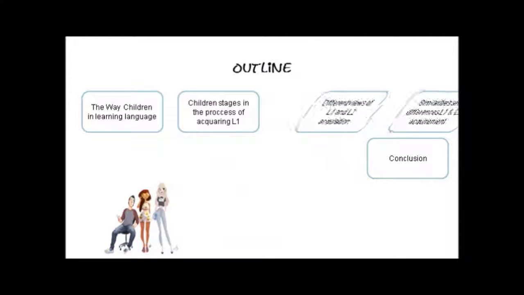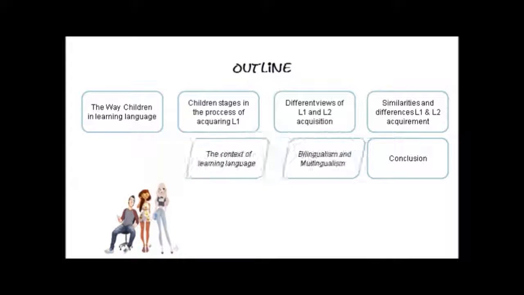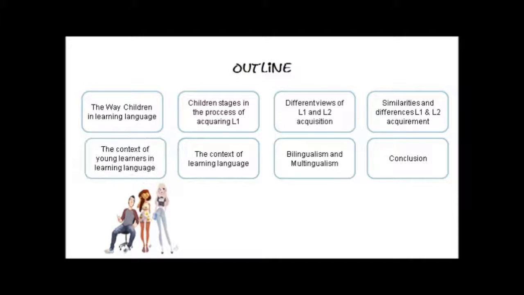In this section, it will talk about how children learn language and children's stages in the process of acquiring diverse language, and different views of L1 and L2 acquisition will be discussed.